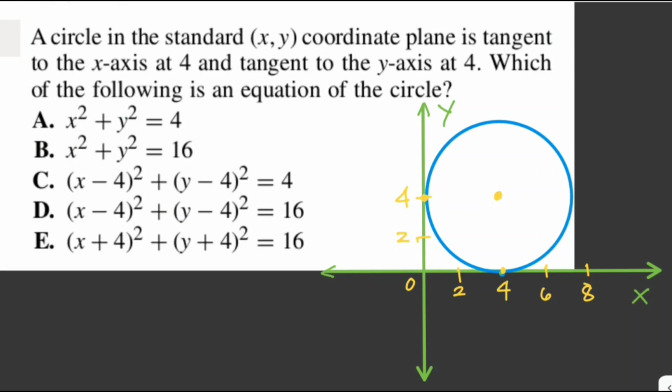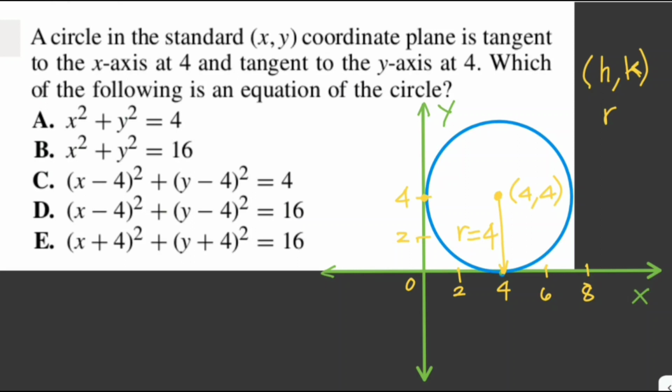Now to write the equation of the circle, we just need to find the center (h, k) and the value of the radius. So for this circle, the center (h, k) is just equal to (4, 4). And the radius, this one, r, is equal to 4.